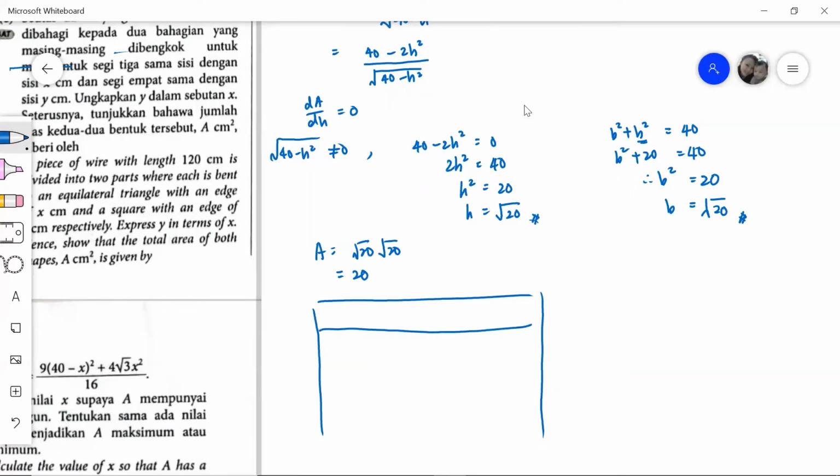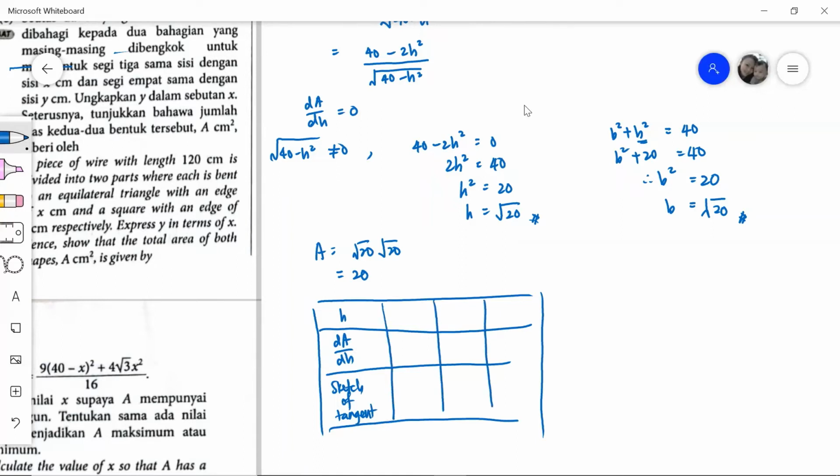Okay, so our variable is H and then dA by dH. Okay, and then sketch of tangent. All right, the H value will be the square root of 20.